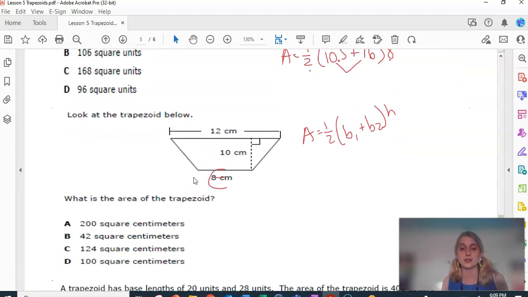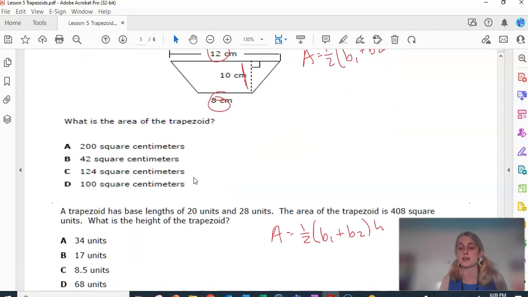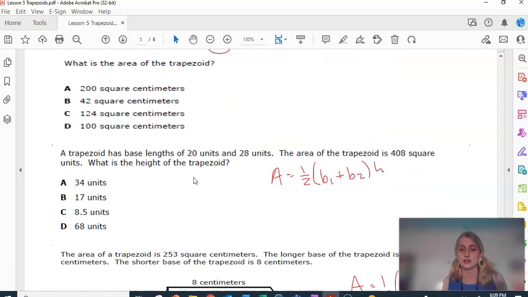Down here, this is probably the easiest one, I gave you your two bases, I gave you your height. Tell me what the area is. Here, I gave you the area, 408 equals 1/2, and I gave you the bases, 20 plus 28 times height. If we don't know height, we're going to keep writing h.